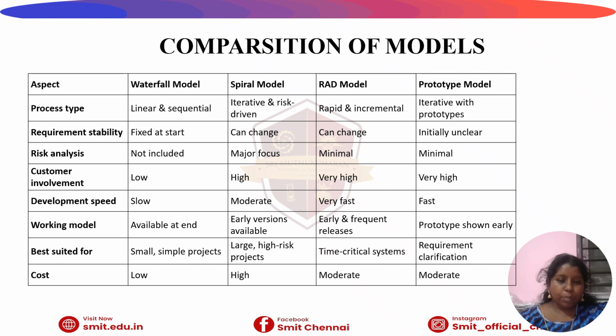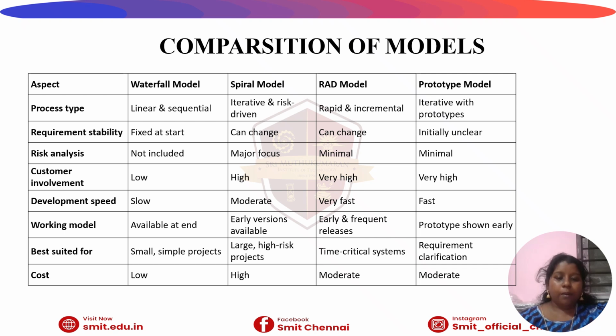The development speed of the waterfall model is slow, and in the spiral model, since it handles risk, it is moderate. In both the RAD and the prototype model, it is faster when compared to waterfall and spiral.